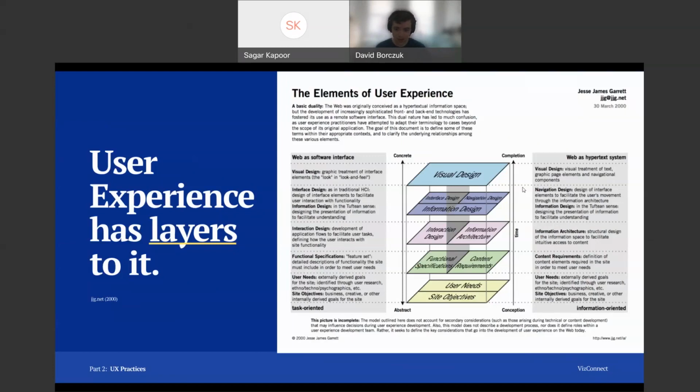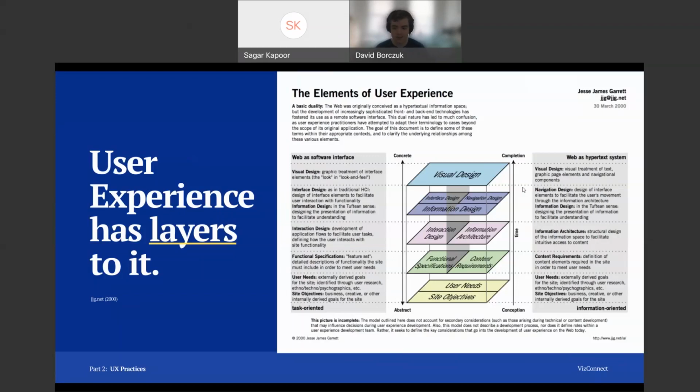And when you're at the bottom, the ideas are abstract because you're kind of developing the thoughts and business requirements of your visualization. But as you start to get towards visual design, that's actually concrete information. You are literally putting visual elements on an interface. And also, as you go up towards the top, you're starting from conception to completion.